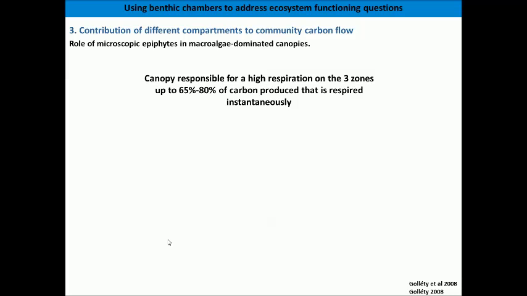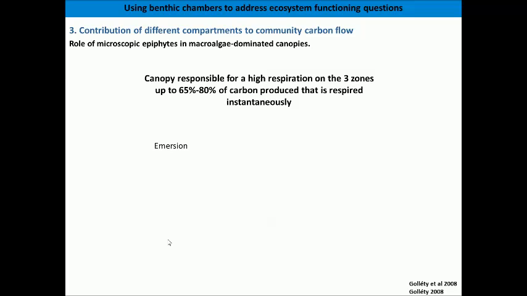The canopy, in all cases, was responsible for very high respiration, resulting in up to 65 to 80% of the carbon produced being respired instantaneously. This is quite significant, so I'll illustrate this.